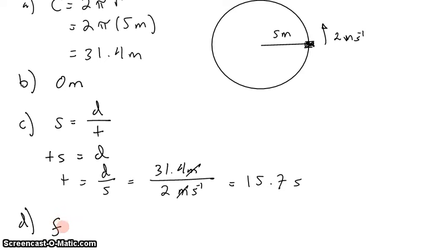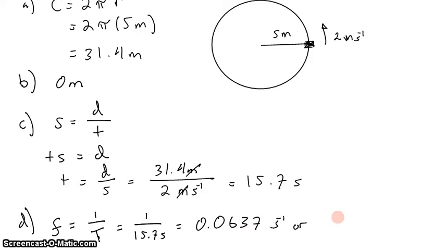This means that the frequency is 1 over the period. And I'll use a capital T here rather than a lowercase t, capital T usually for period. But it's the same T as over here. So the frequency is just 1 divided by 15.7 seconds. And that works out to 0.0637 per seconds. Per seconds, there's a special unit for that. It's hertz. Either answer would be fine.